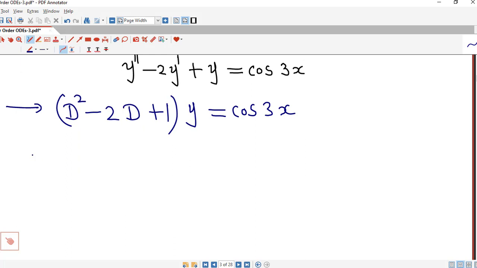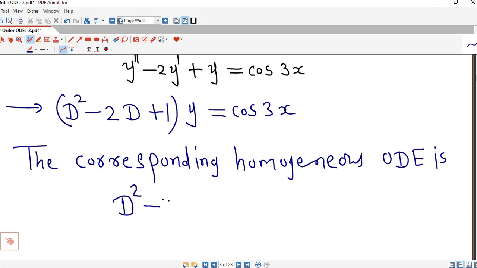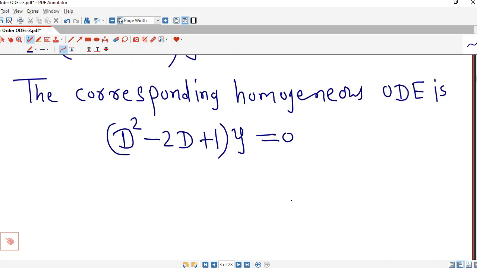So first we write down the corresponding homogeneous differential equation. The corresponding homogeneous ordinary differential equation is D square minus 2D plus 1 times y equal to 0, and the general solution of this equation is nothing but the complementary function of the given equation.